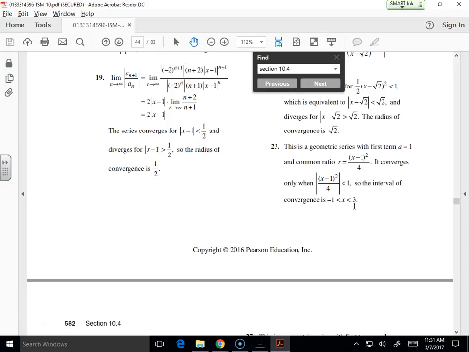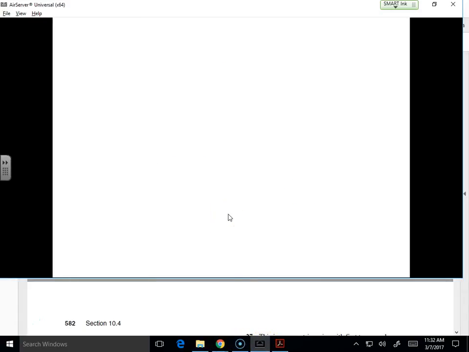But with the absolute value, remember we're kind of doing illegal math in a sense. So for number 23, let's see, this is on section 10.4 now, right? Number 23.